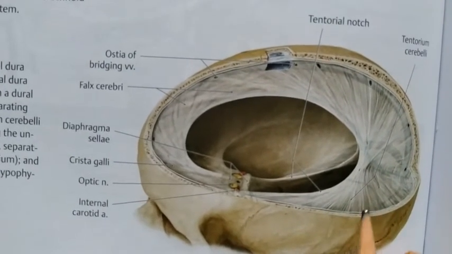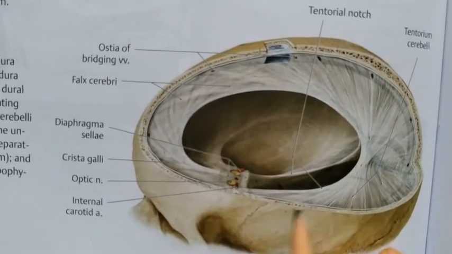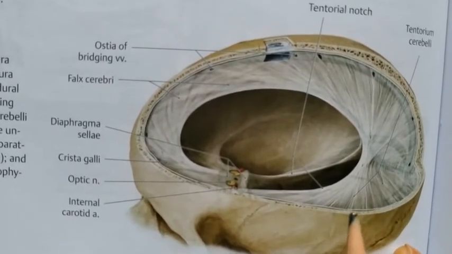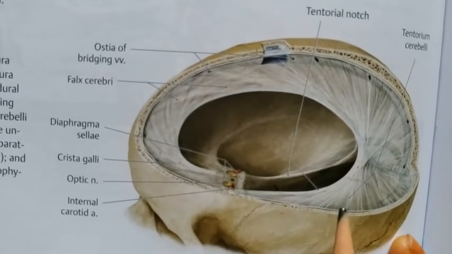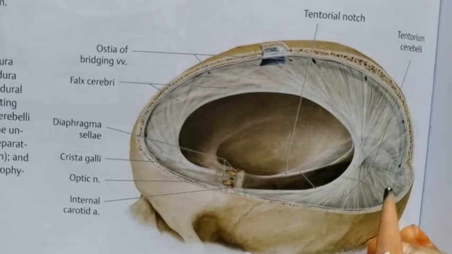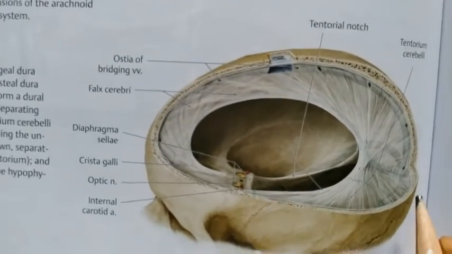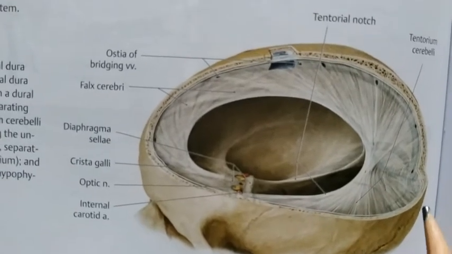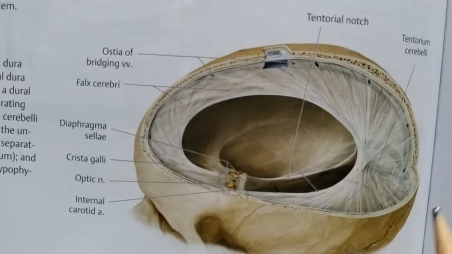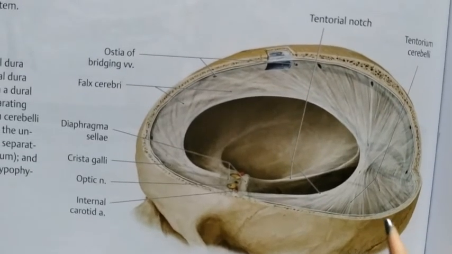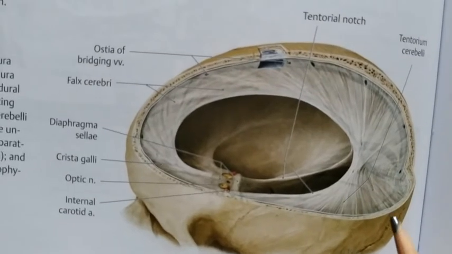Okay, then the next dural fold is the falx cerebelli. This is not shown here because the falx cerebelli is present beneath the tentorium cerebelli. It is also a sickle shaped fold, attached posteriorly to the internal crest of the occipital bone, and it goes below and anteriorly up to the notch of the posterior part of the cerebellum, dividing the two parts of the cerebellum.